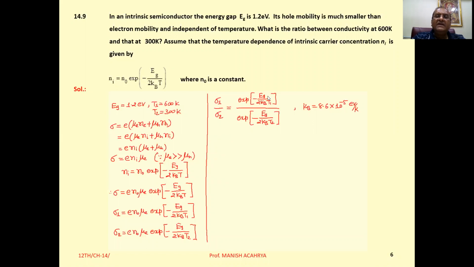And then by taking Eg upon 2 kB common, you can solve it. Substitute the value of kB in terms of electron volt upon Kelvin, and directly substitute the value of Eg here, that is 1.2, and then solve it, we'll get the answer. Clear to all of you?